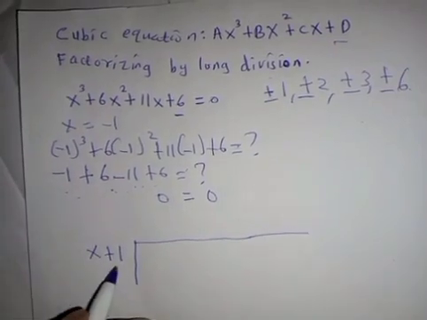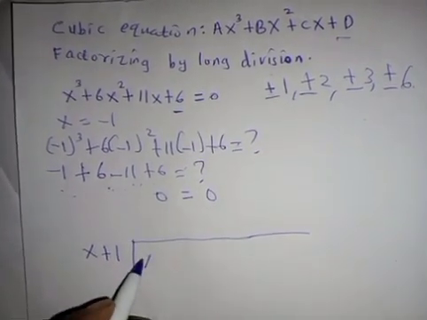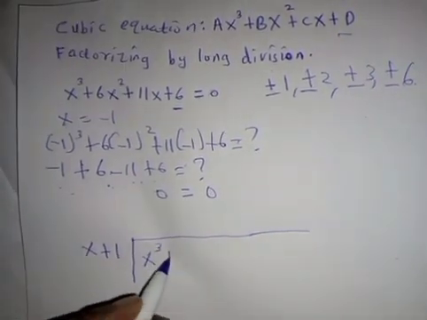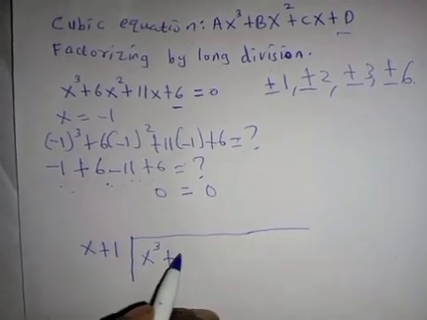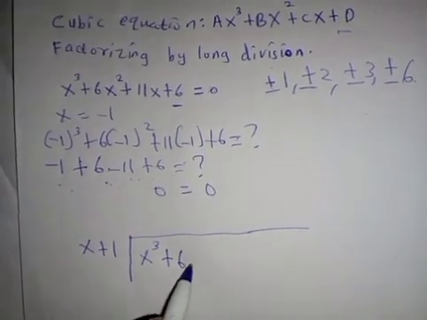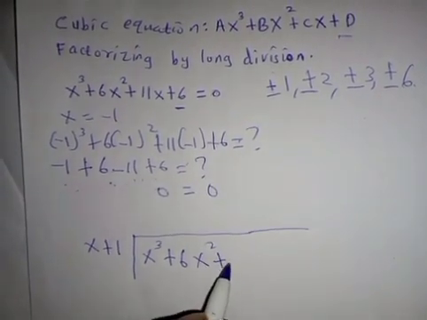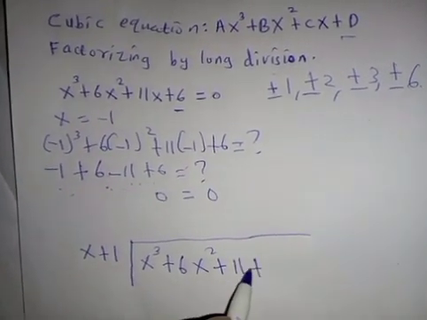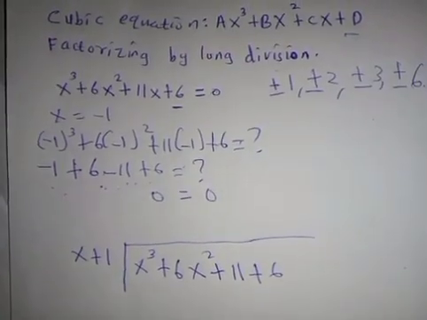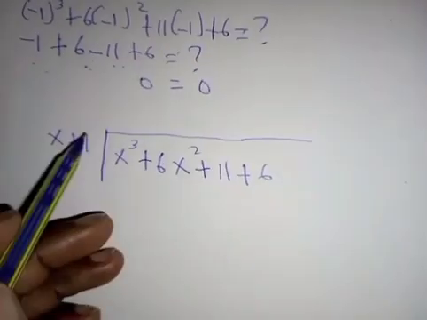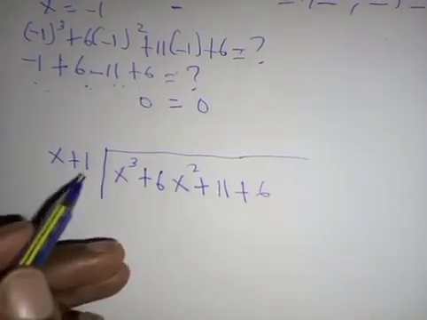You write your equation here, x cubed plus 6x squared plus 11x plus 6. The method requires you to divide this.